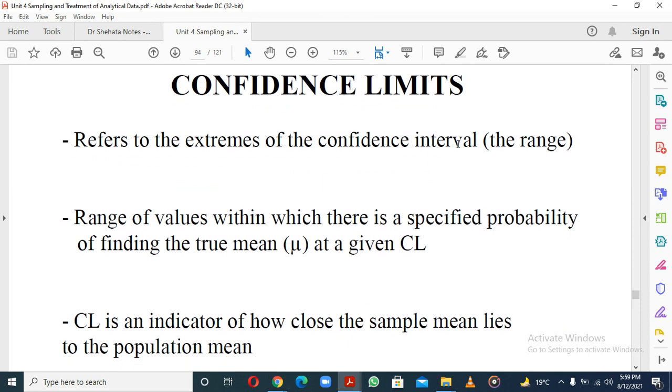So now what happens is that we are going to get certain values. When we've done an experiment, we are going to get different values, and we are going to have what we call the confidence limit.